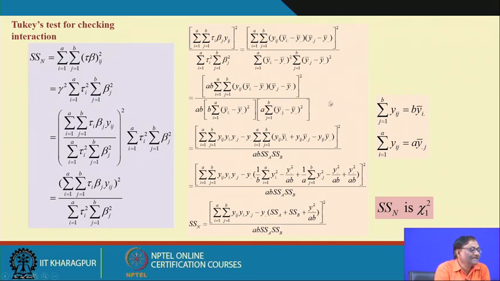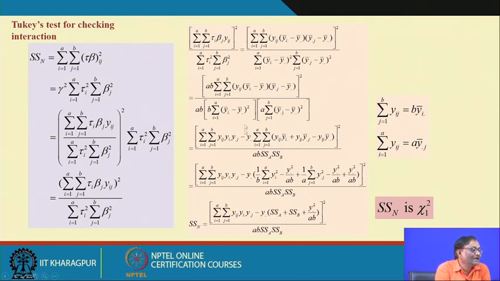So, ab, SSA and SSB come here like this. Now, we know that the sum over j equal to 1 to b of yij is b yi dot bar. Similarly, the sum over i equal to 1 to a of yij is a y dot j bar. This is known to us.